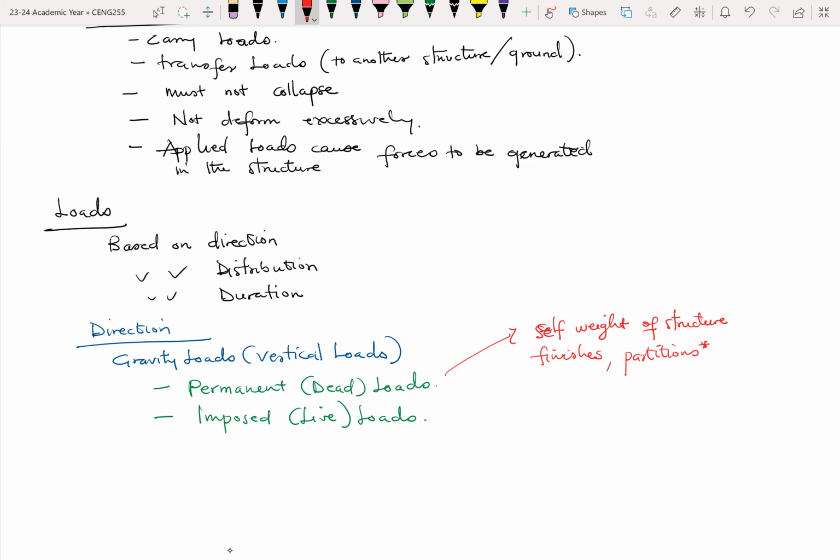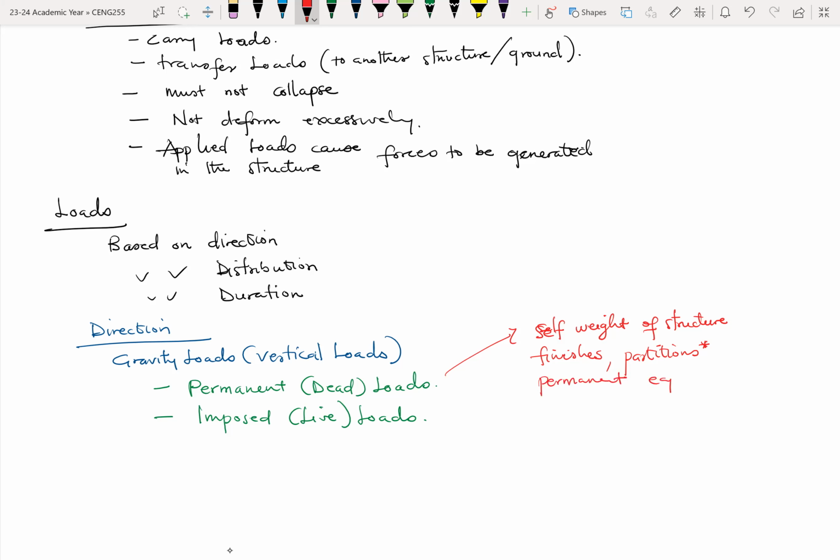Initially, it was just one long classroom, and then they put that wood-like material to divide the classroom into two. So that is a partition. That becomes a permanent partition because this will stay with the building for a very long time.